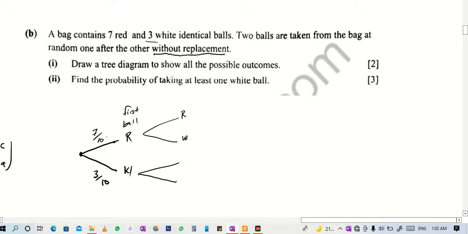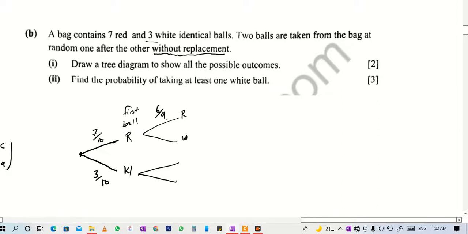If the first ball was red, meaning that the red has reduced by 1 ball and becomes 6, and the sample space, instead of 10, will be 9. So here we are going to have 6 over 9.